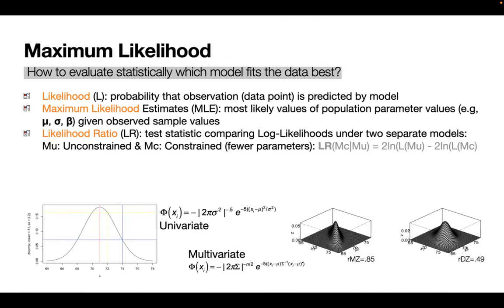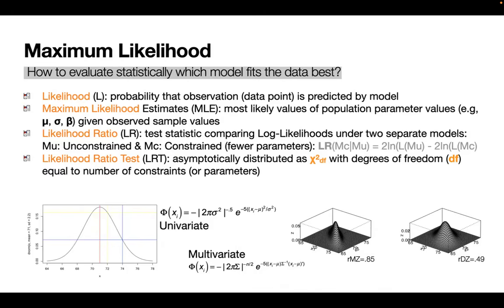Typically, when we compare models, we use a likelihood ratio. That is a test statistic that compares the log likelihoods under two separate models. MU is considered the unconstrained model and MC the constrained model. And we take minus twice the difference between these log likelihoods.